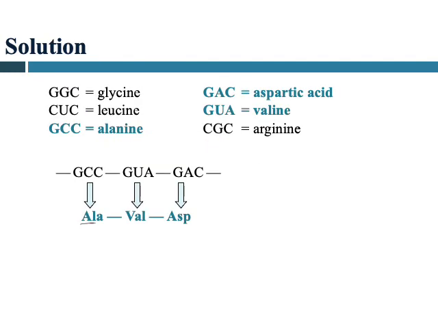So this is the sequence that we already discussed. But let's take one more example. Instead of this sequence, if we had GCC, GAC and GUA, where I just switched these two triplets, then the amino acid sequence will be alanine, aspartate and valine.